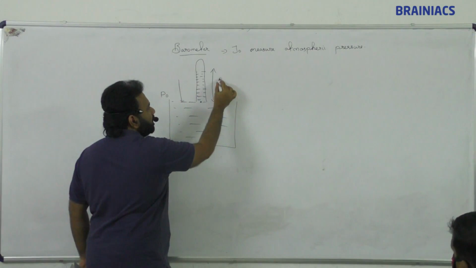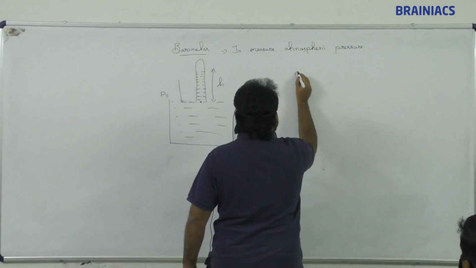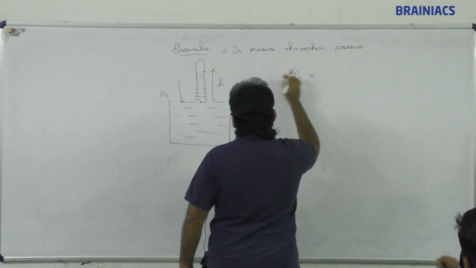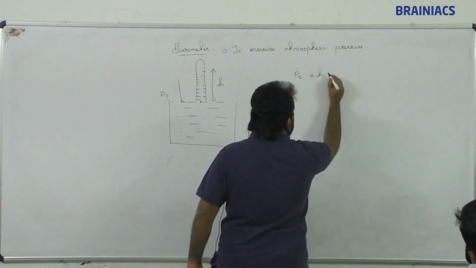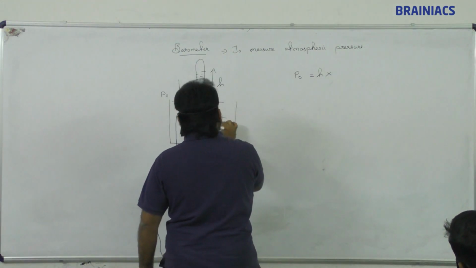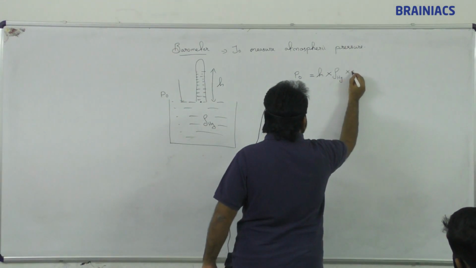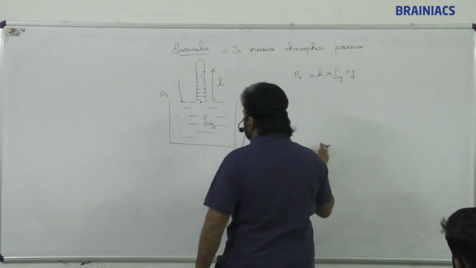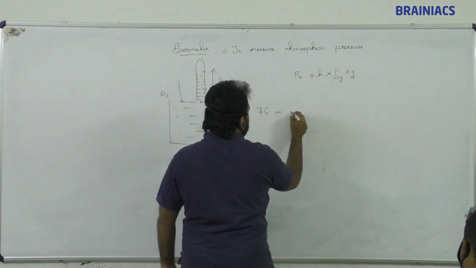So this height will be measured. So we can say that P naught will be equal to this height into the density of mercury into G.